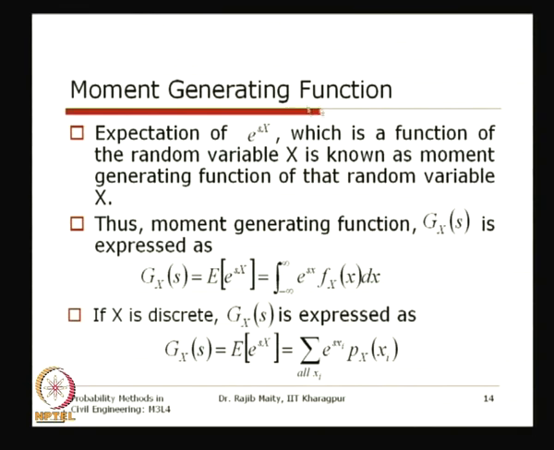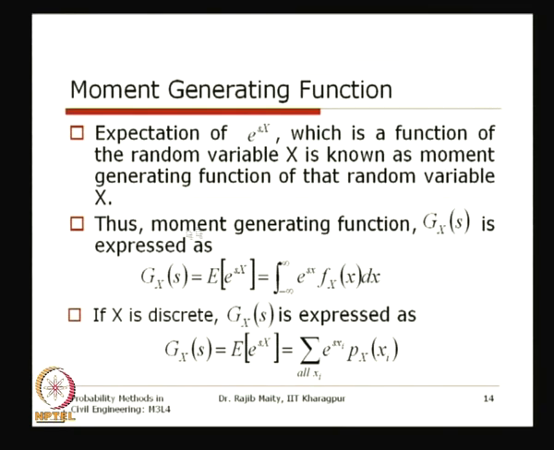The moment generating function is the expectation of e power sx, where x is the random variable here. So e power sx is again a function of the random variable x. The expectation of e power sx, which is a function of the random variable x, is known as the moment generating function of that random variable x. So I have to take the expectation of this value.